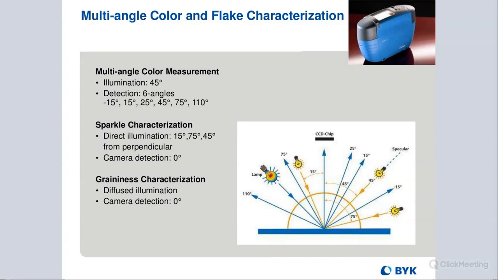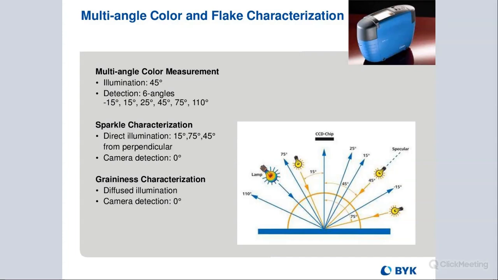Or if the flake size is not the same, I could get a difference in the sparkle area. So back to that Zerillic mica example, if you had a Zerillic, your sparkle intensity would be much higher on the 15. And if you had a mica, your sparkle intensity would be much lower on the 15, and you would see the difference there.